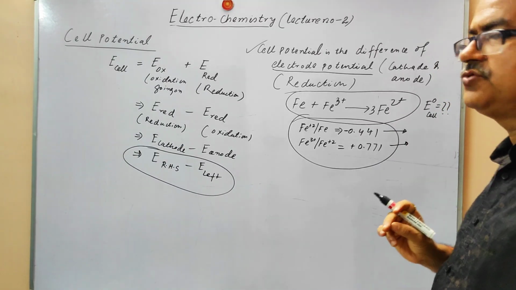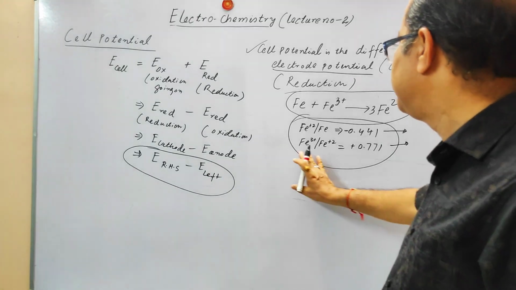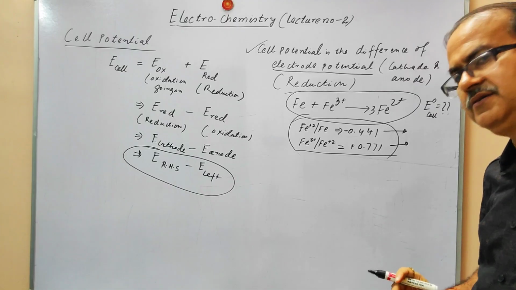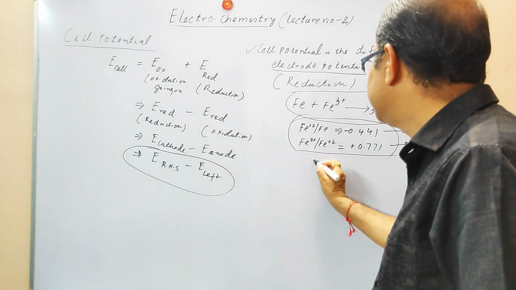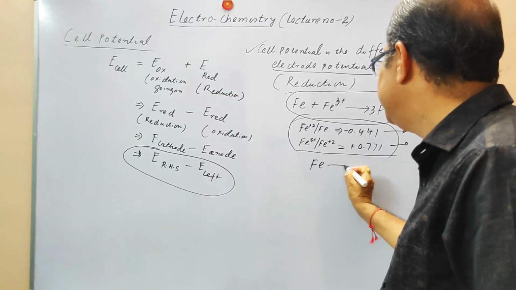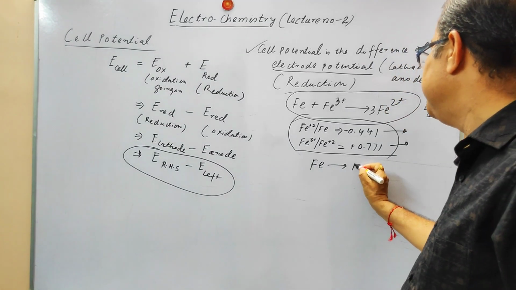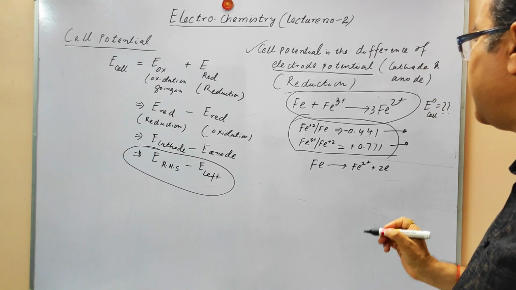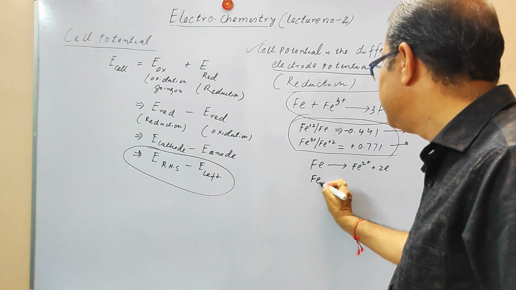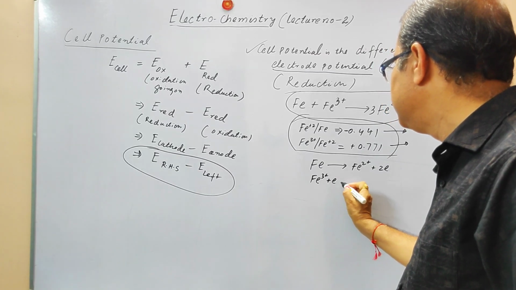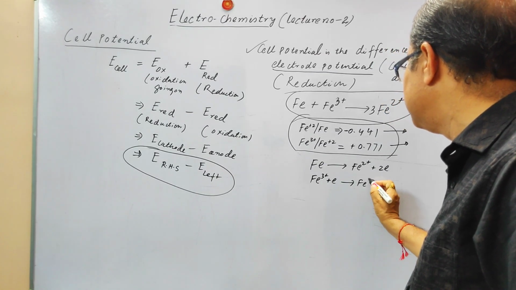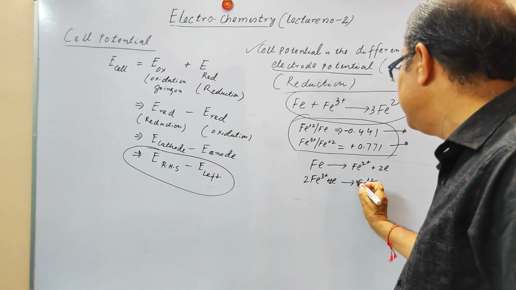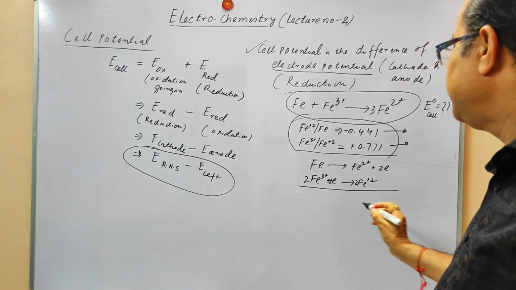So for this type of question, what will we do? First we have to write the oxidation reaction and the reduction reaction. For the oxidation reaction, you can see here Fe is oxidized to Fe2 plus and it will liberate 2 electrons, and Fe3 plus is reduced to Fe2 plus. You have to multiply by 2.